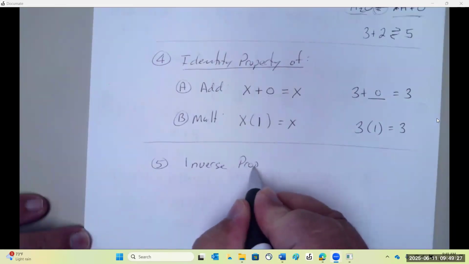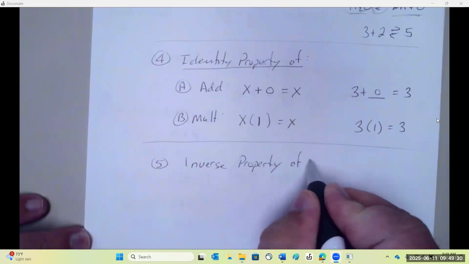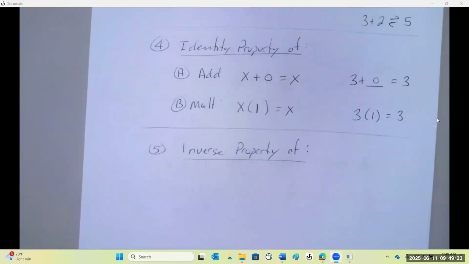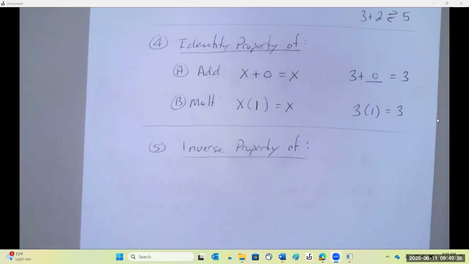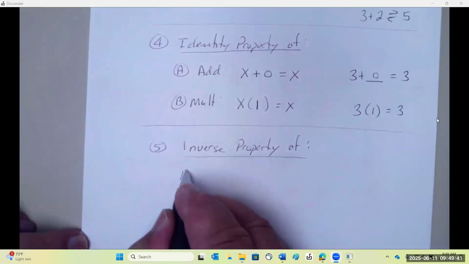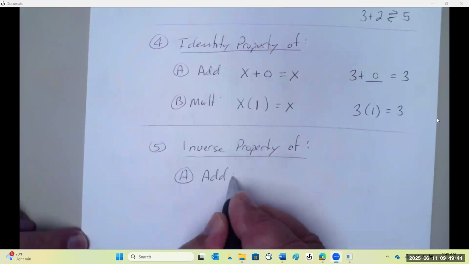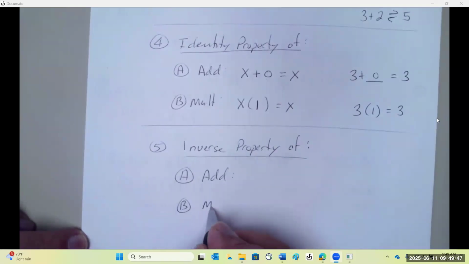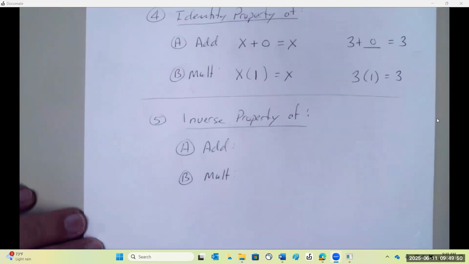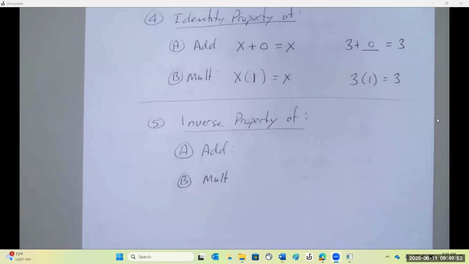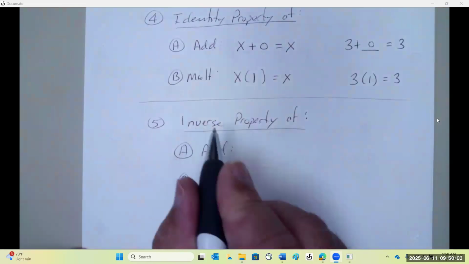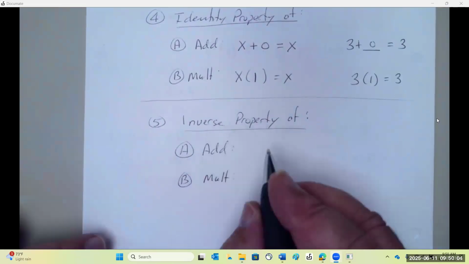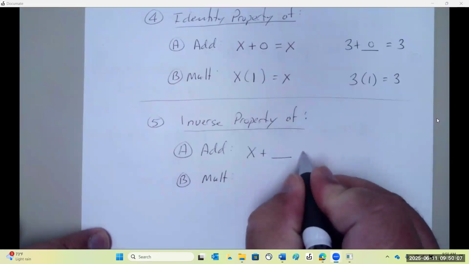The inverse property of addition and multiplication. Now, what this one says, the inverse: what do I, x plus what gets rid of it?